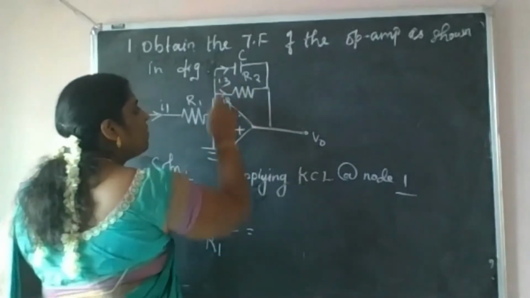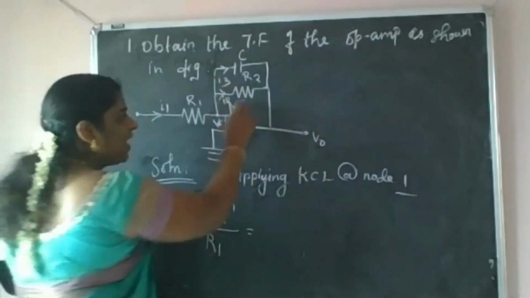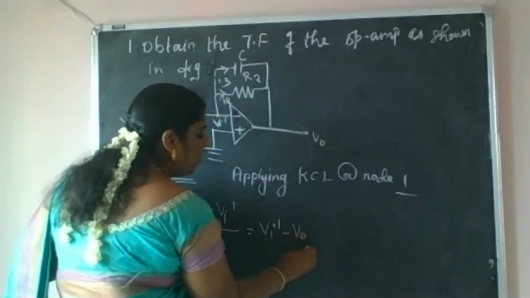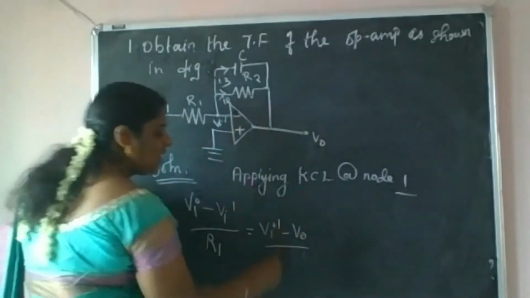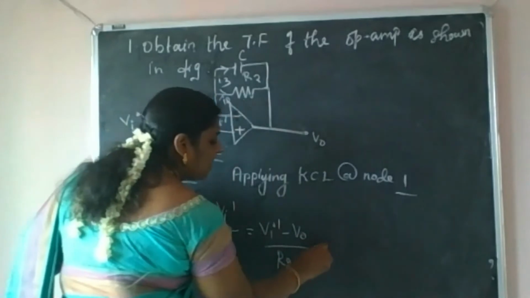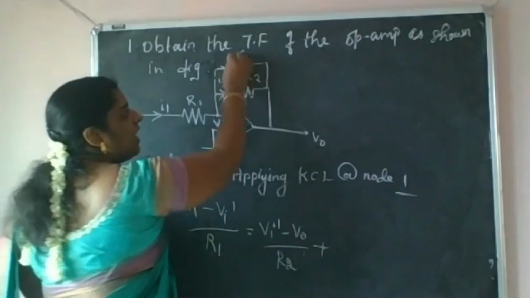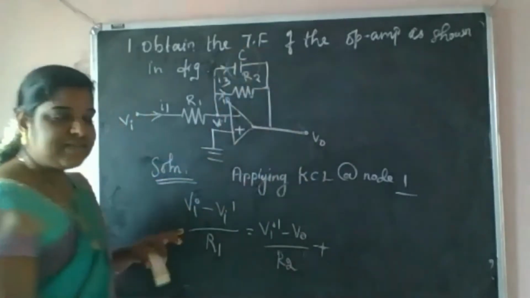We have two branches of leaving current. First, Vi dash minus V0 divided by R2, in series with, plus again here we have a capacitance.